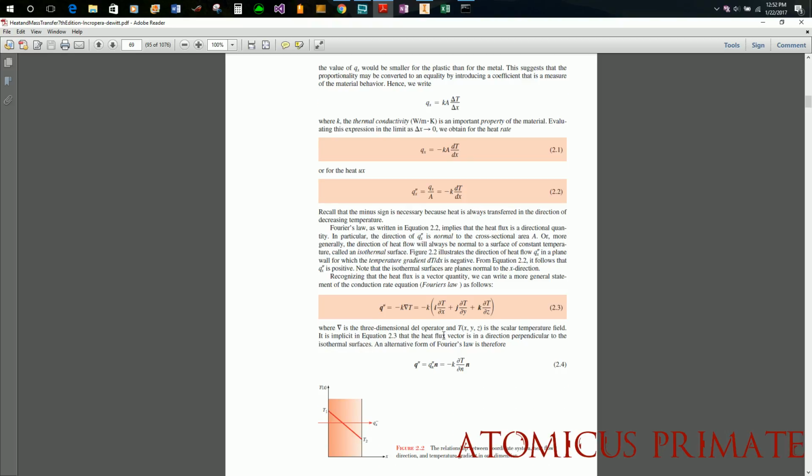Where the upside down delta is the three-dimensional del operator and T of x, y, and z is the scalar temperature field.